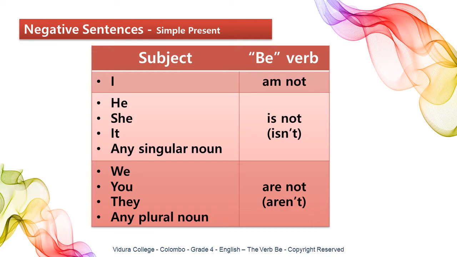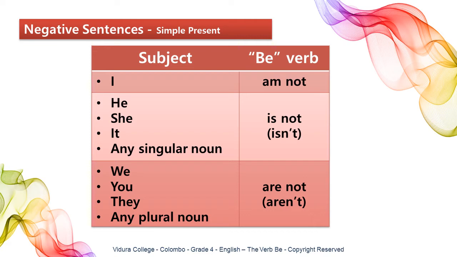For the subjects like he, she, it, that means singular nouns, we have to add the be verb is. So to make it negative, we have to add the word not just after the be verb is. So it is is not. What is the contraction form of is not? It is isn't.